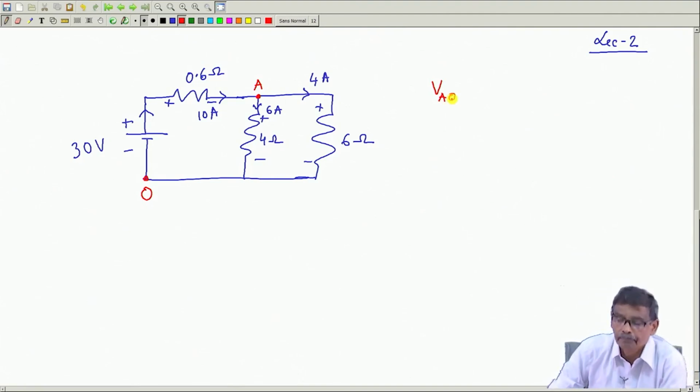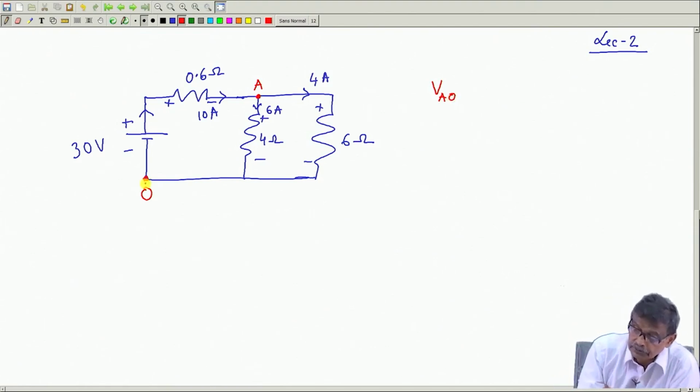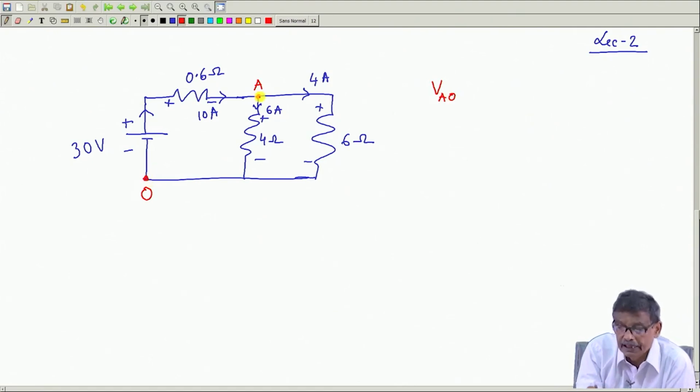So, this is the thing you should read, potential of A with respect to O I want to find out. What should I do? What you should do is this: you start your journey from the point O and try to reach point A, and when I say I want to reach point A, I have several options.